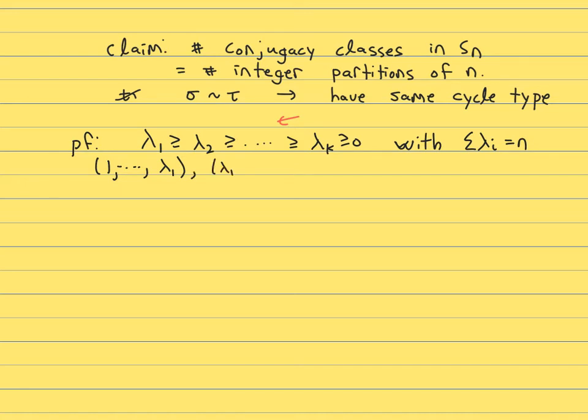And then (lambda 1 plus 1, lambda 1 plus 2, dot dot dot, all the way up to lambda 1 plus lambda 2). This is another cycle. It has length lambda 2. And then I'm sure you can see the idea.